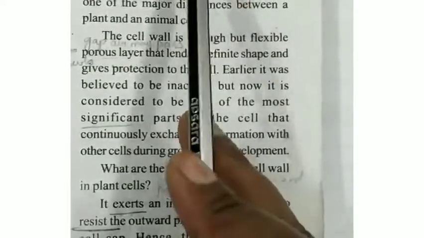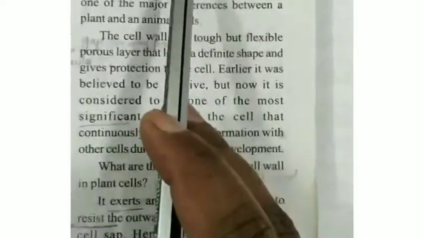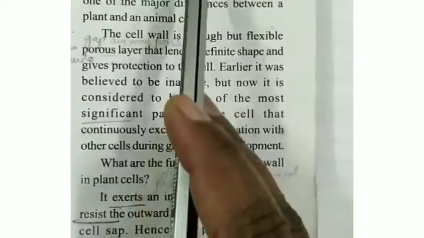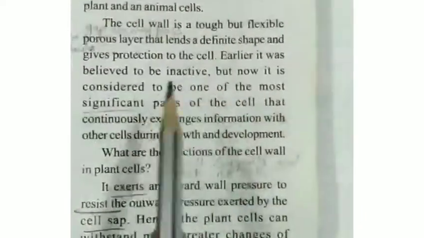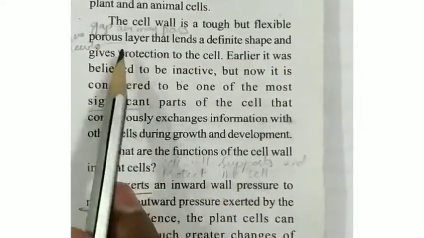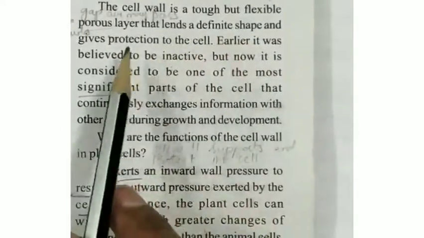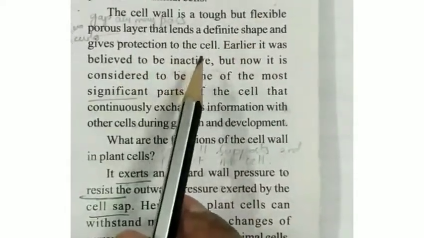In a plant cell there is a cell membrane and a cell wall, but in an animal cell there is only a cell membrane. The cell wall is a tough but flexible and porous layer. Porous means having gaps or many pores, and it has a regular shape and gives protection to the cell.